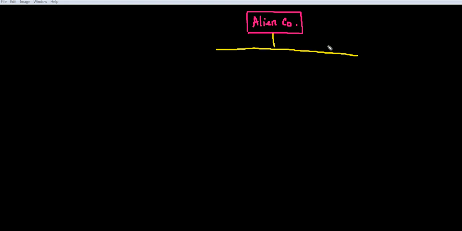A company will not be opened for just one project. Let's suppose this Alien company has project 1, project 2, project 3, and so on, project N. So this is called projects.